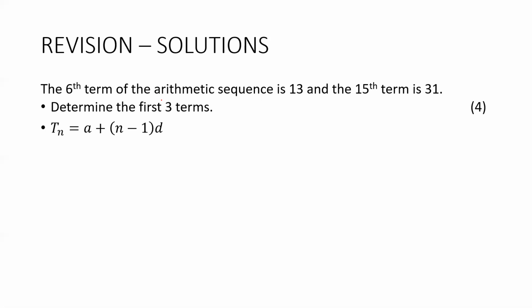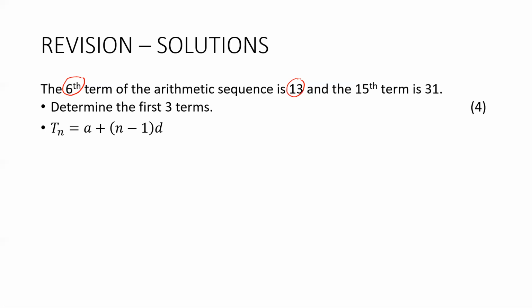The only thing they gave us is n, and they said n is 6. If n is 6, what is this 13? It is Tn. So if n is 6, Tn will be 13. You got it.